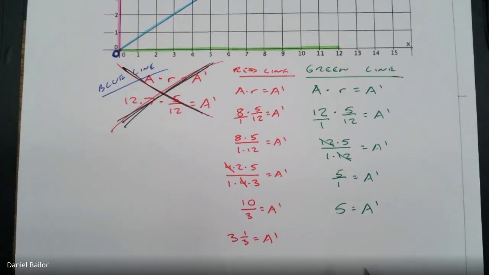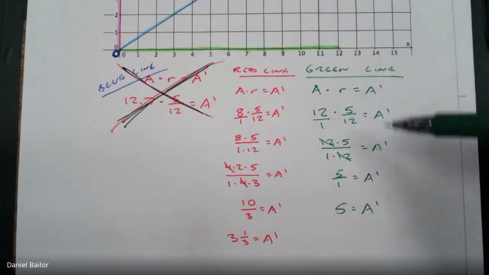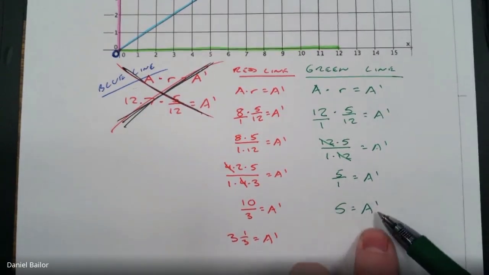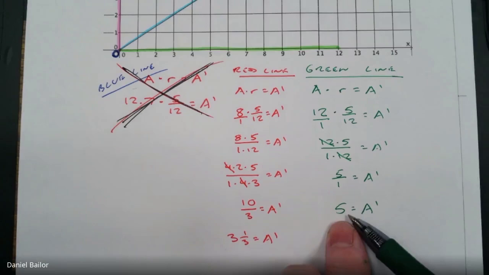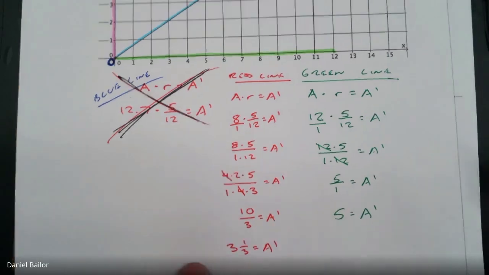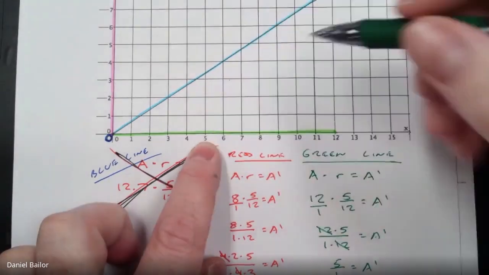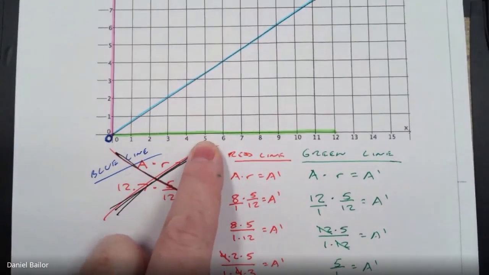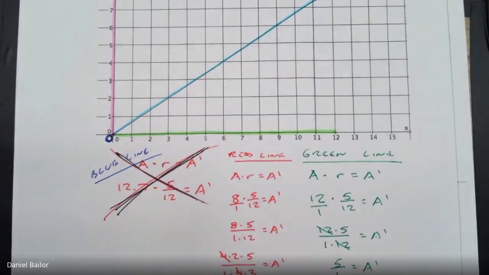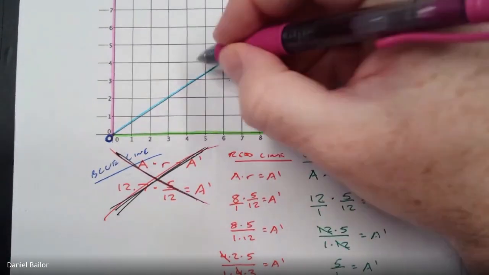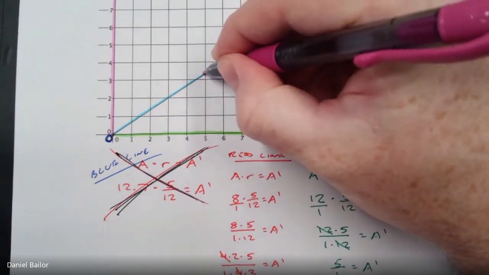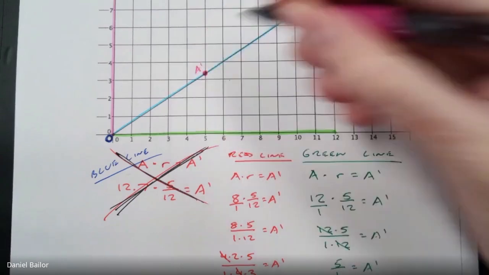So this can tell us where a prime goes, because I know a prime hits 5 on the green line. So I find 5 on the green line, and I go up to where it hits the line, and that is where a prime is.